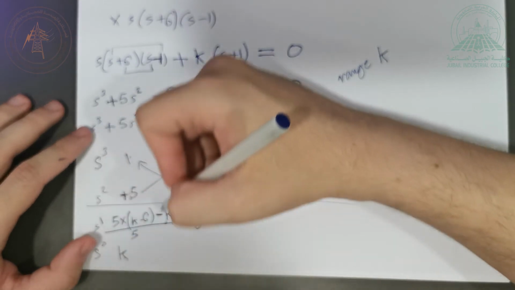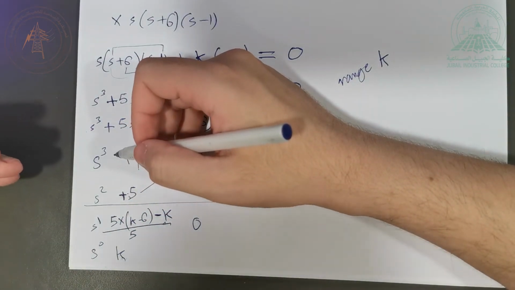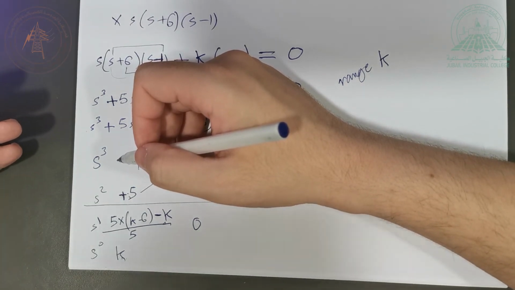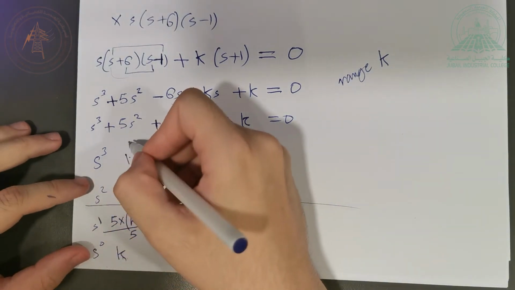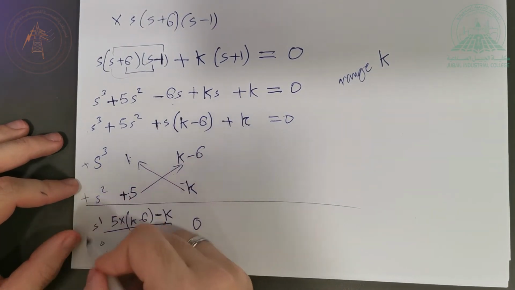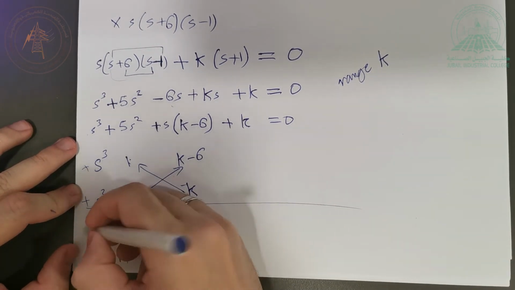Do you agree? Because if all these elements are positive, it means I don't have a change in the signs, so I don't have any poles on the right half plane. I need all of these to be positive. This is already positive. This is already positive. So I need to know what are the values of k that will make this positive and also this positive.